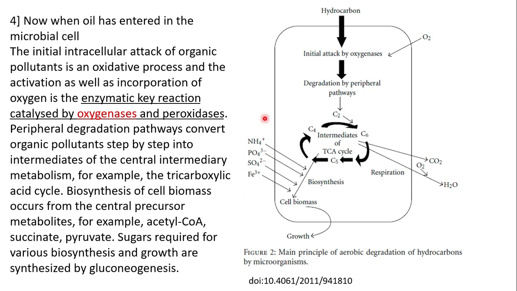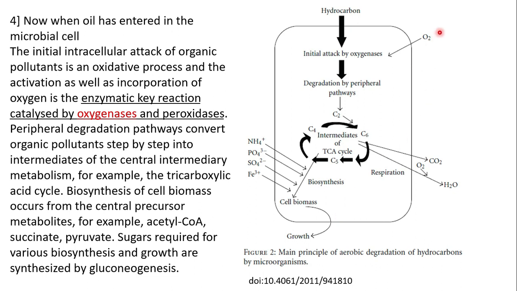This we provide in biostimulation. So these nutrients and hydrocarbon will be used up by the cell, and the cell will divide and multiply, and the total biomass in the oil spill area will increase, and that will help us to remediate the environmental effects that oil is causing.